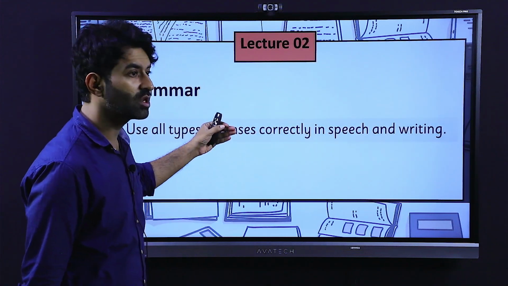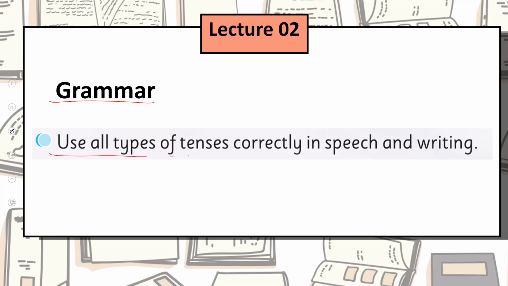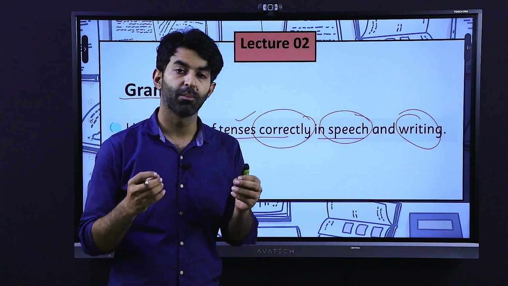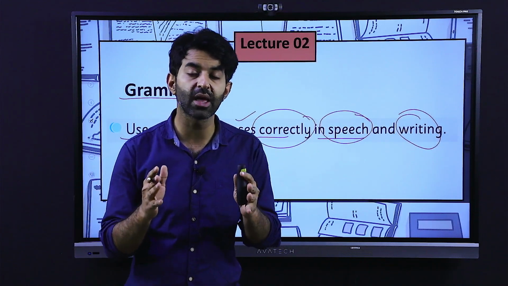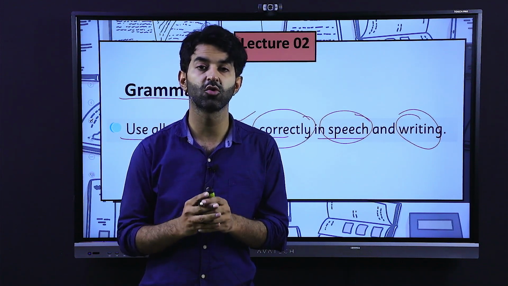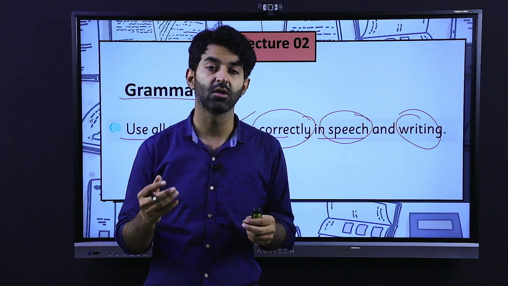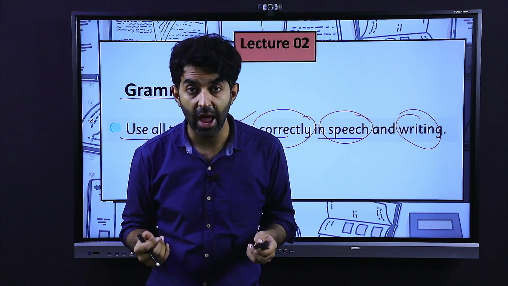And then for lecture number 2, what we are going to do is use all types of tenses correctly in speech and in our writing. All those different kinds of tenses with their variations, the present, past, and future tenses along with their different variations, and we are going to see them in real life examples of grade 11 difficulty so that you do not make any mistake while you're handling tenses when you're talking about something in different time zones and different times, like in the present, the past, and the future.